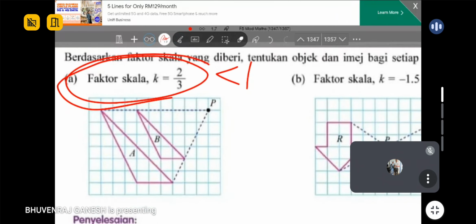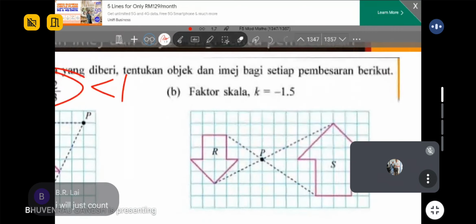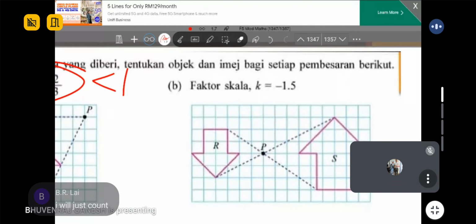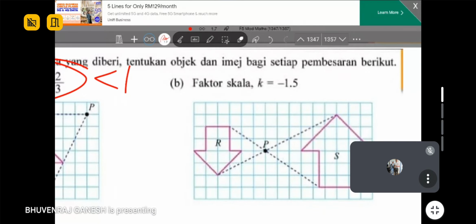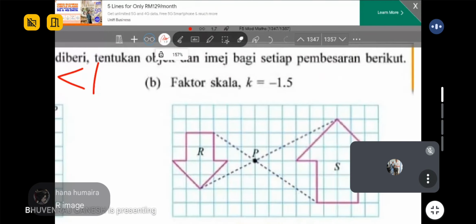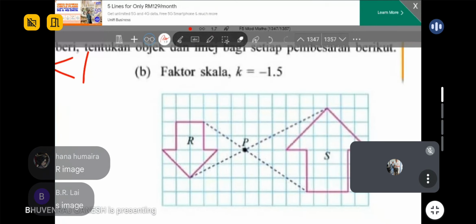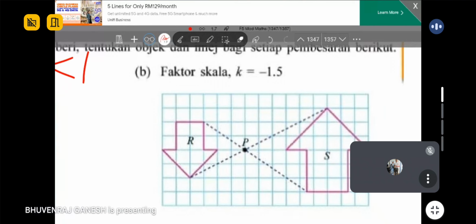Second one, which one is object and which one is image? Actually, no need to count. This one is a direct answer, no need for calculation. Guys, don't be scared of the negative.